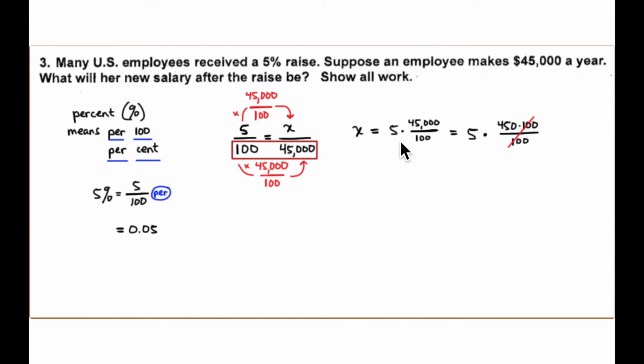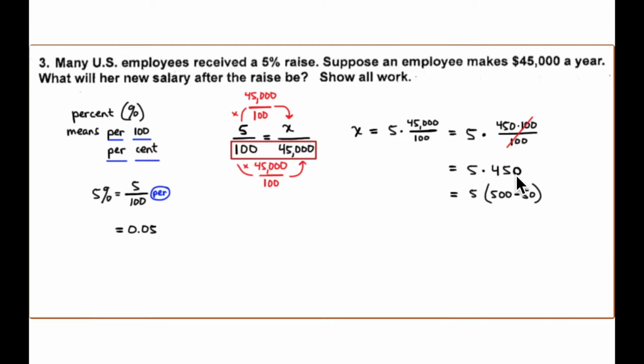So x is equal to 5 times 45,000 over 100. That's the same as 5 times, and there's the 450. So if you factor out the hundreds, that's 450. 5 times 450, and I'm going to use the distributive property to figure this out in my head rather than use a calculator. 5 times 500 minus 50, same as 450. 5 times 500 is 2,500, minus 5 times 50 is 250.